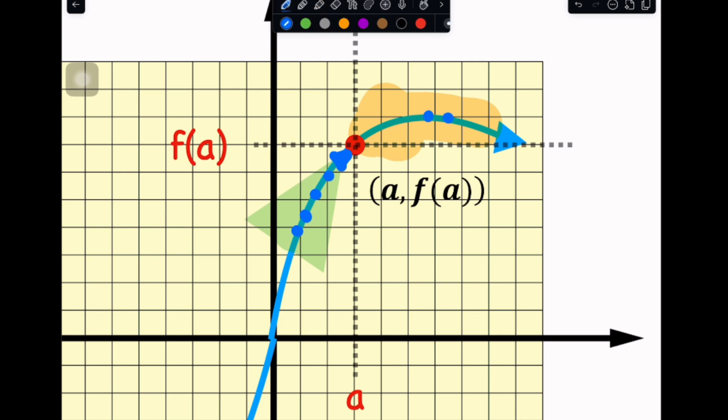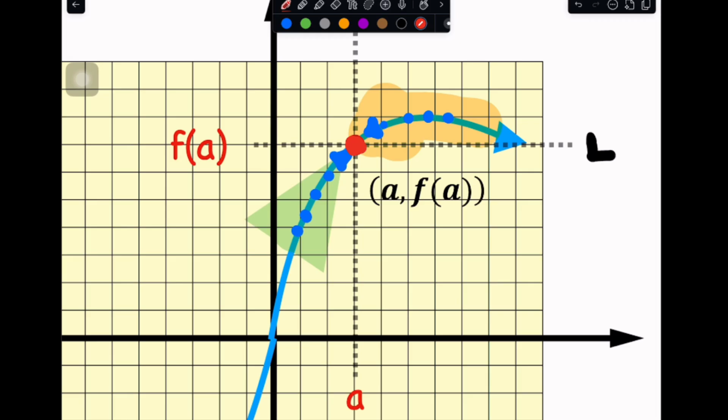So you're approaching from the right as well. They're both approaching the same location. Is that right? So really, this is a picture of the left-handed limit equal to the right-handed limit being the value L. And in red, that's a third thing to consider. This in red is the value of the function at A.